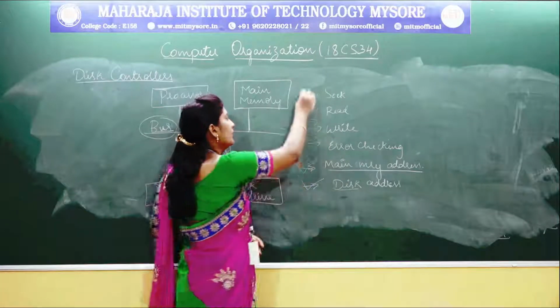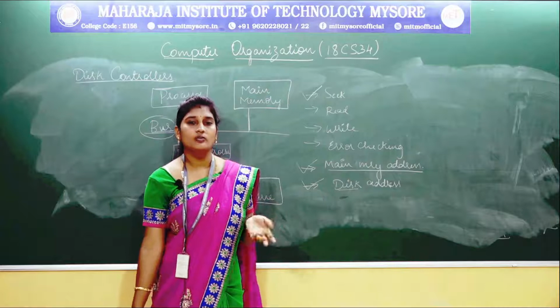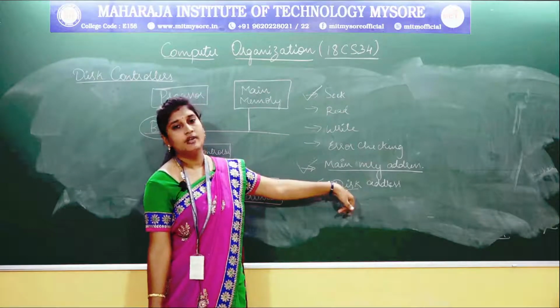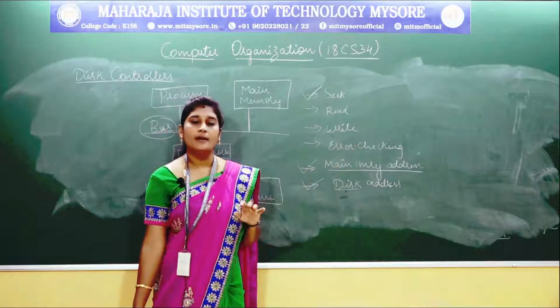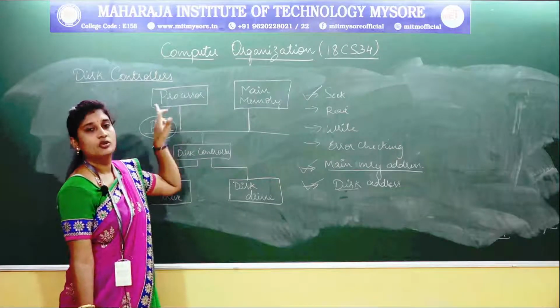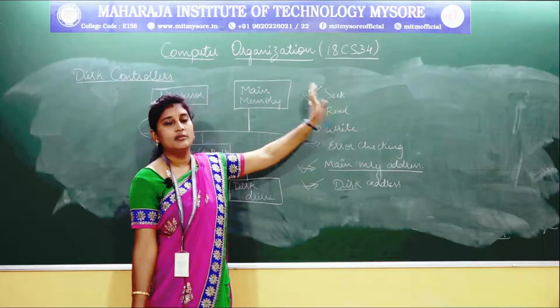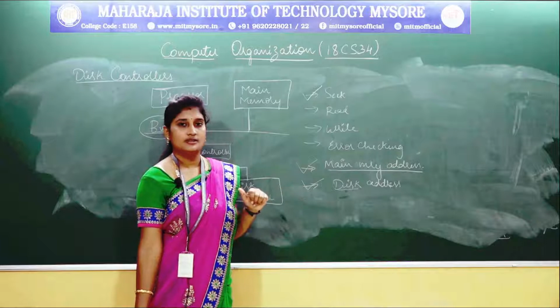Next you find out the seek time. I have already explained what seek time means. Seek time is the time spent searching for a particular addressed location sent by the processor. So seeking is nothing but searching for the address sent by your processor.